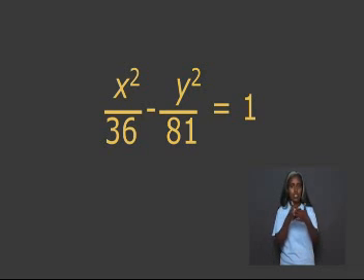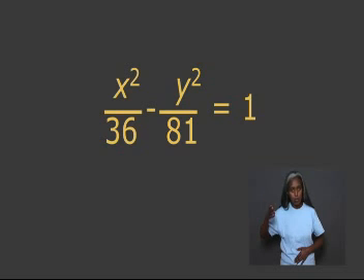In the last lesson, you solved a problem involving a hyperbola with the equation x squared over 36 minus y squared over 81 equals 1. You named the center, the foci, and the vertices of this hyperbola.